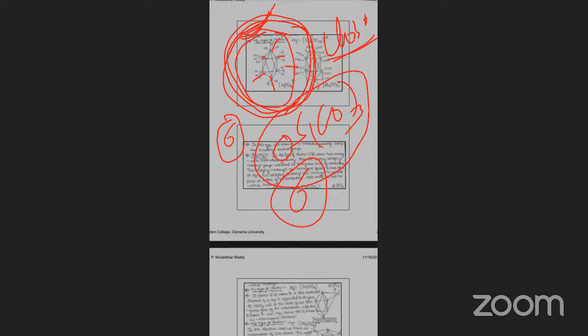If any vertex is missing, that is the nido structure. If 2 vertices are missing, that is the arachno type of cluster. Then there are hypho and klado types of clusters. Different types of clusters are there.